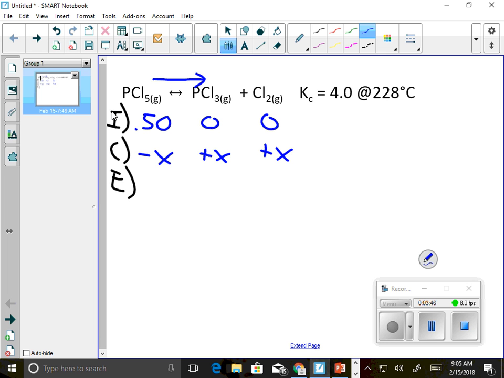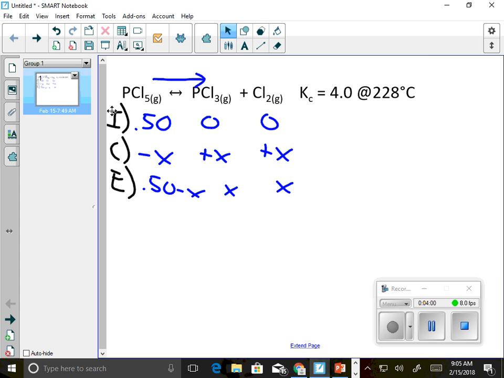So basically, x is I don't know how much, and then look at the coefficients. Then you combine your I and your C to make your E. So at equilibrium, I'd have 0.50 minus x, I'd have x, and I'd have x. There's step 1 of my bullet points: make an ICE table.